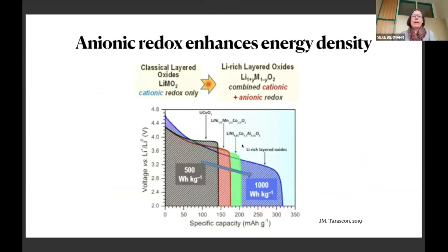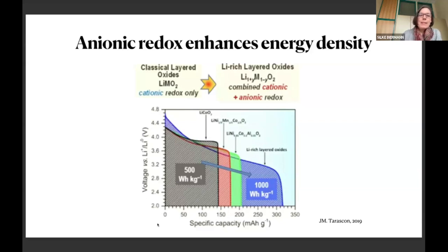Okay, why is anionic redox interesting? Well, you have already seen that if you can get more lithium out of your battery, you can enhance the capacity. And there is a kind of trade-off between the voltage and the specific capacity here. In the end, what is interesting is the area under this curve, because voltage times capacity gives you the energy density of your material.